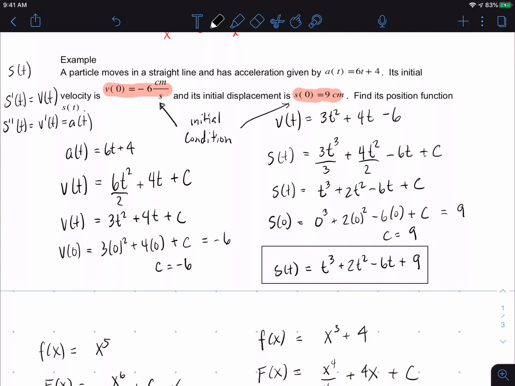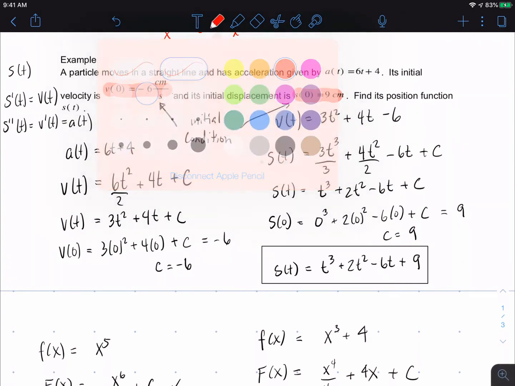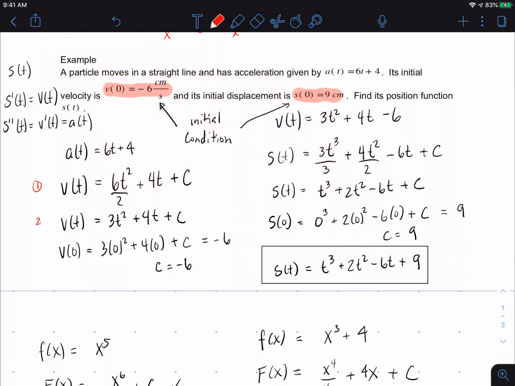I'll number them so you can see what I'm talking about: this is the first v, the second, the third one where I was plugging in, and here's the fourth. In the second one, all I did was clean it up, so 6 divided by 2 is 3. In the third one, I used the initial condition to find my c, and the fourth one is the actual equation for this position function.